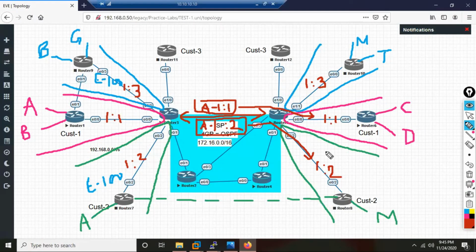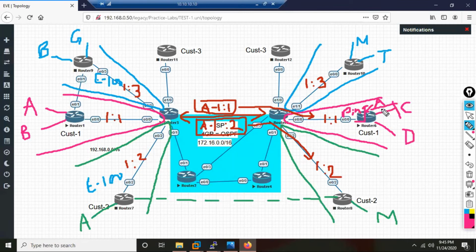Then second thing, now the traffic for every customer, will it go separately? Suppose I do ping from network C from here, I'm pinging A. I say ping A. Whatever that IP address is, let's assume ping A is 10.1.1.0.